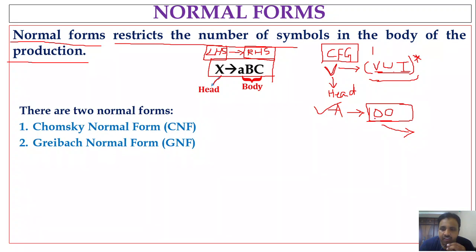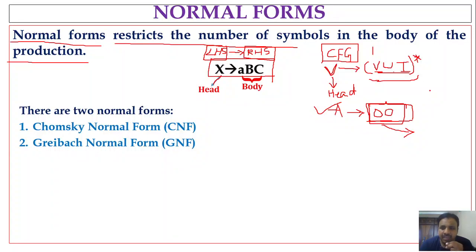Moreover, we have to check whether each symbol is a terminal or a variable. If it is a terminal, it's okay, but if it is a variable, again we have to replace that variable with its definition, right? Since there is no upper bound on the number of symbols that may be present in the body of the production, the grammar is going to take more time. That means the grammar requires more processing time. Whenever I say grammar processing time, it means that generation of a string from the grammar or checking of a string with respect to the grammar is going to take more time, right?